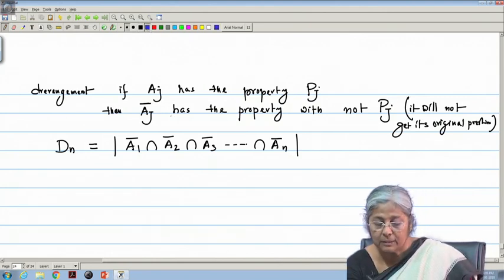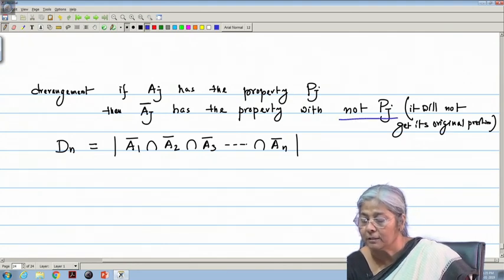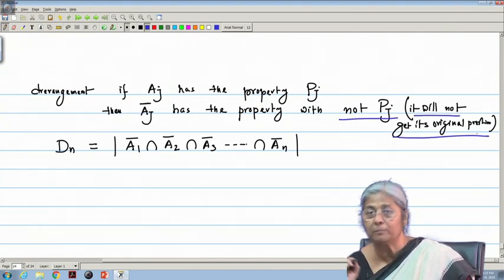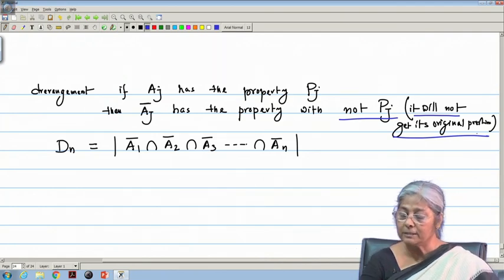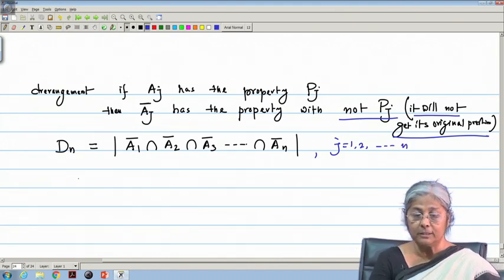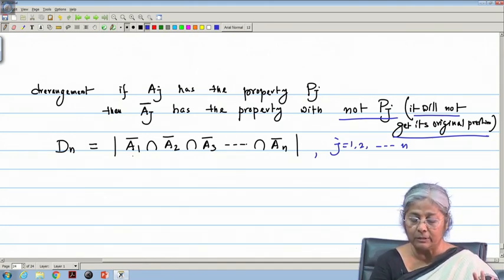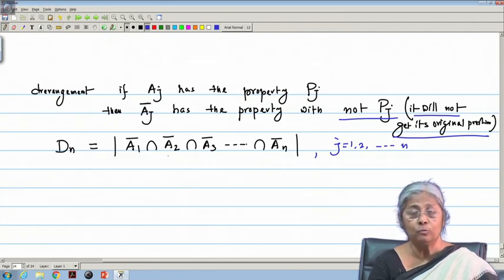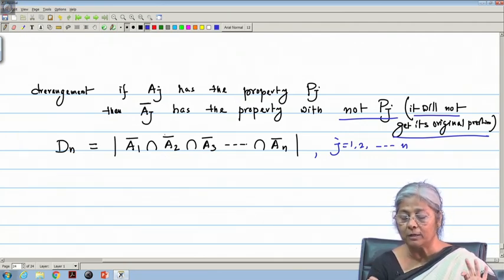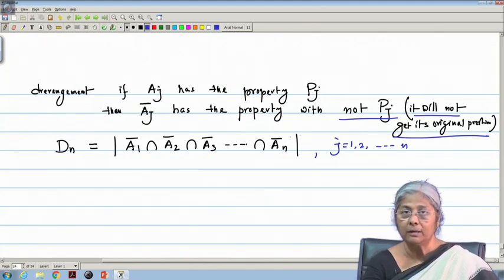Aj bar means not Pj, so j will not get its original position. Taking all j equal to 1 to n, the derangement is that no element gets its original position: 1 will not get its position is A1 bar, 2 is A2 bar, 3 is A3 bar, and similarly for n.